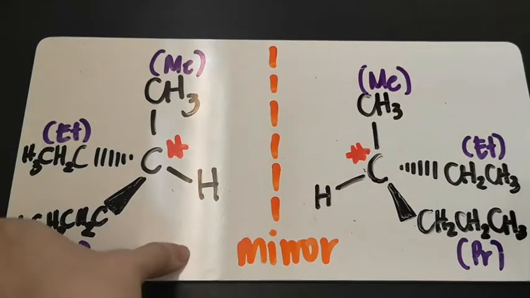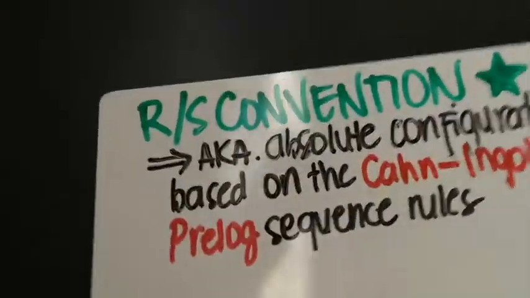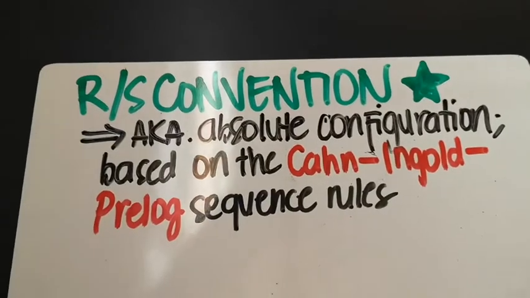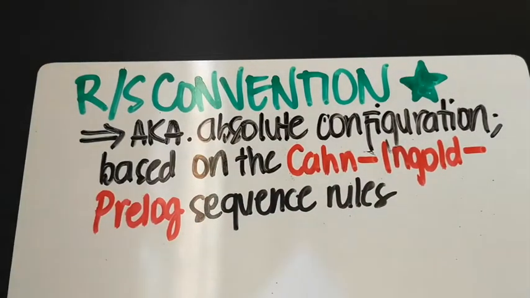So when we talk about absolute configuration, it's just the same as the RS convention or the Cahn-Ingold-Prelog sequence rules. You already did your worksheet, so you should be familiar with these rules. There are 3 important rules we have to follow, plus the assignment of the RS configuration.